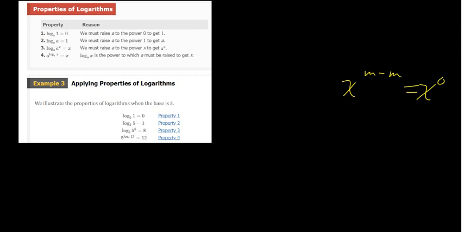So let's go to property 2. All right, so property 2 here, we have a raised to the 1st power is equal to a, right? Again, I'm just taking this logarithmic form and putting it in exponential, and that makes sense. Anything raised to the 1st power is itself. Okay, so that's pretty common sense as well.